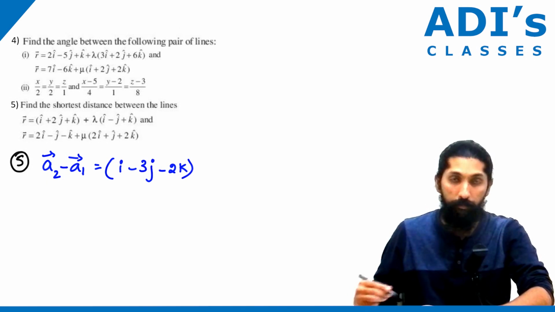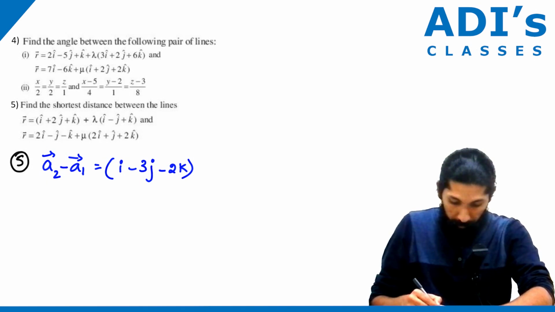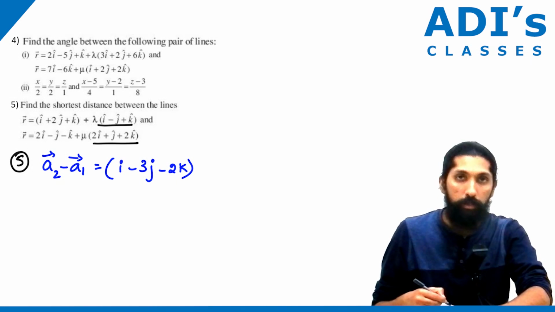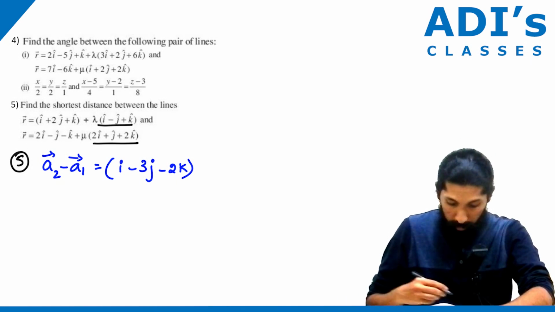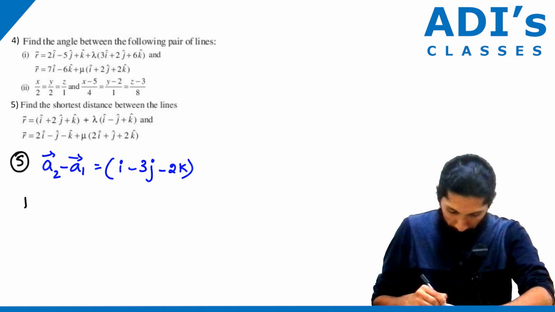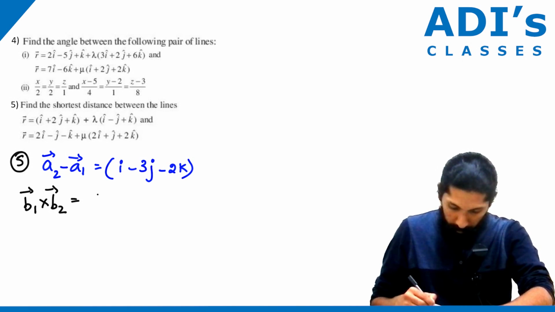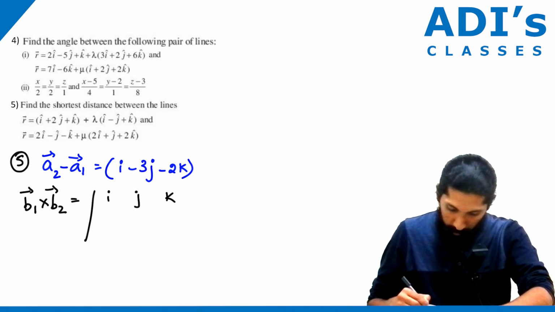Let's keep this one. Now b1 b2, isn't it? Now we have to do b1 cross b2. Determinant of i, j, k, 1 minus 1 1, 2 1 2.